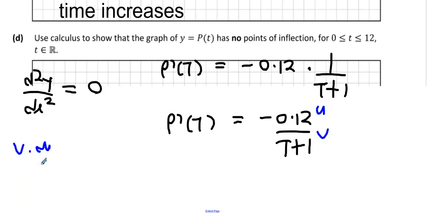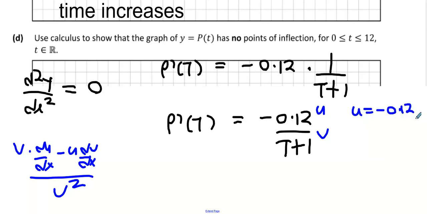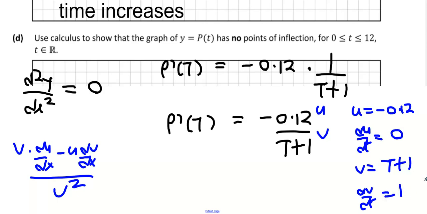V times du dx minus u times dv dx, all over v squared. Now, this time u is minus 0.12. What's du dt? 0. Doesn't exist. V is t plus 1. What happens when I differentiate t plus 1? 1.